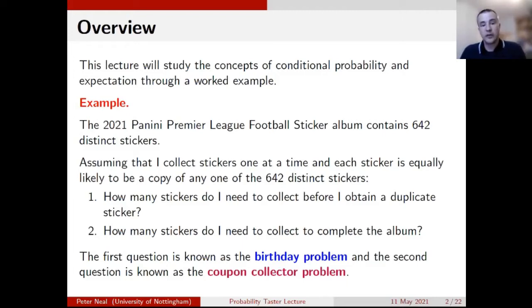We have a set of coupons, in this case stickers, that we want to collect. How many coupons or stickers do we need to collect until we've got at least one copy of every sticker? What we're going to do is go through answering these two questions and introducing the key probability ideas that we need to answer them.